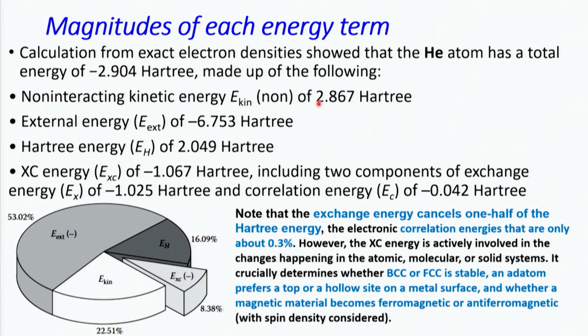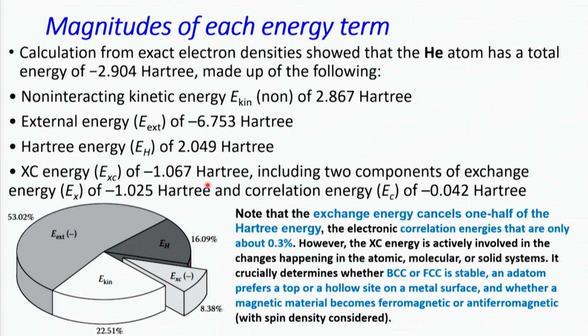Out of this the kinetic energy is plus 2.86. The external energy is nothing but the attractive energy between electrons and nuclei, so it should be negative. The Hartree energy, that means electron repulsion energy, is plus 2.049, and the exchange correlation total energy is minus 1.04 Hartree.